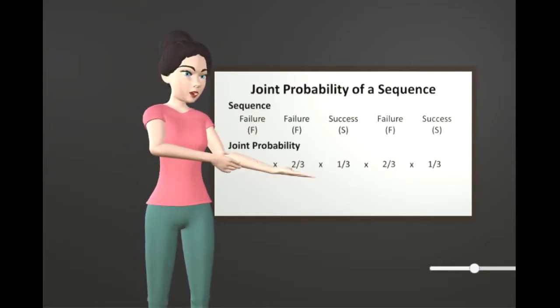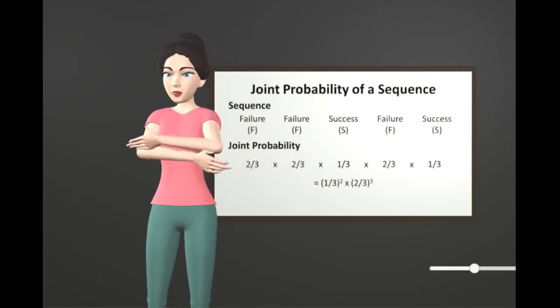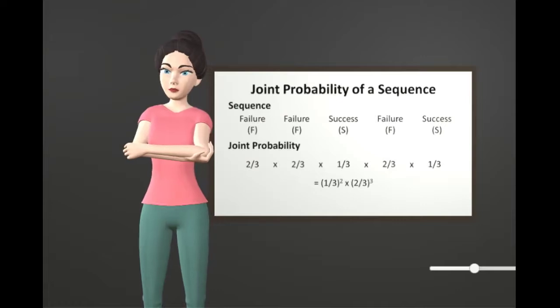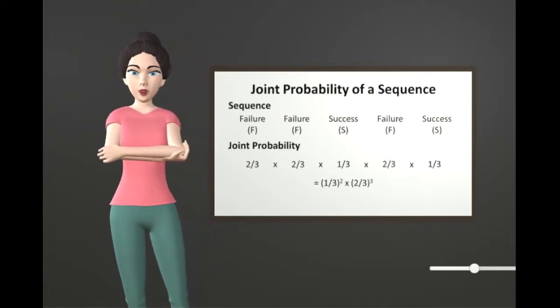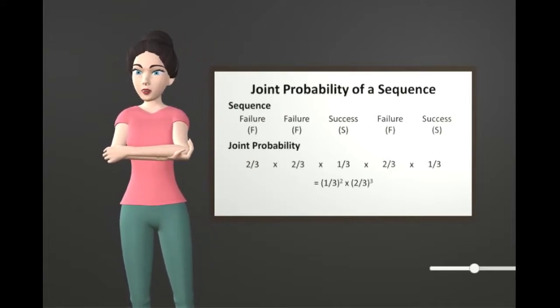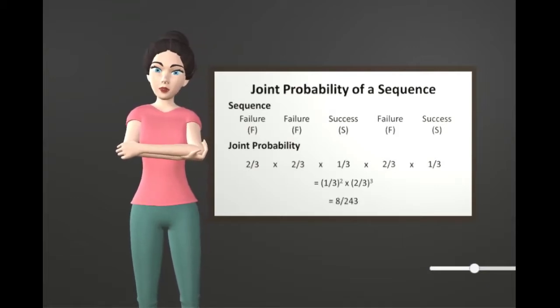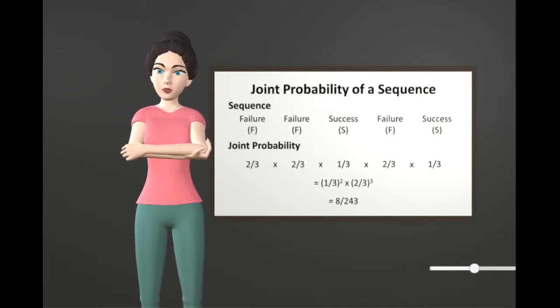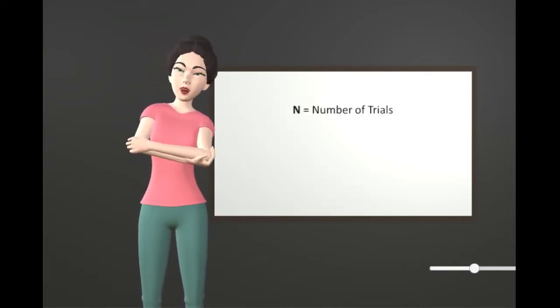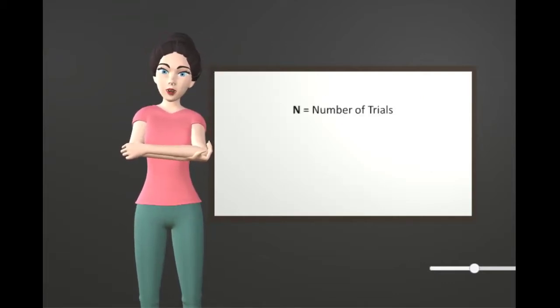We can also write this as 1/3 squared times 2/3 cubed. So the joint probability of this particular sequence occurring is 8 out of 243. We can compute the probability for any specific sequence.